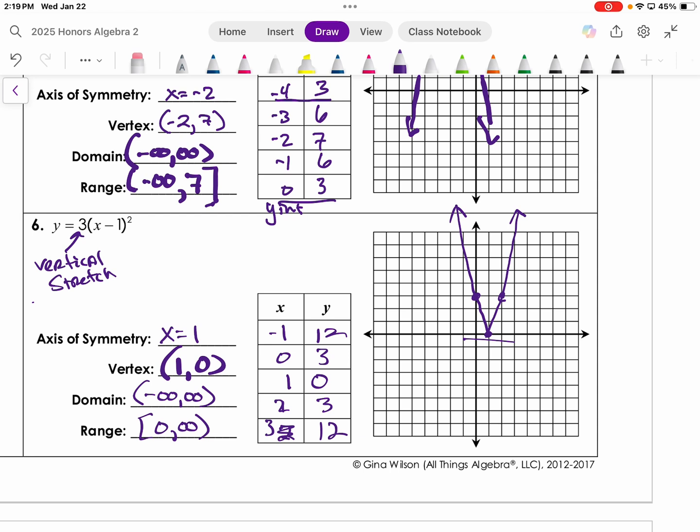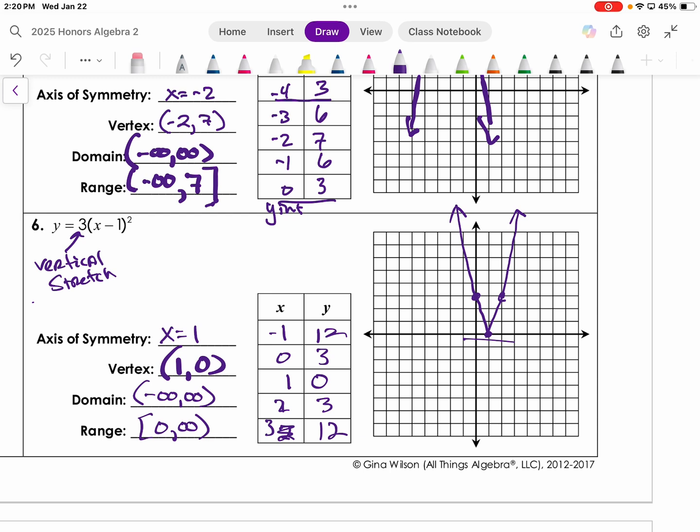When you have this U-shaped graph, whenever you find the vertex, the y value of the vertex is always involved with the range in some form or fashion. Since the y value of 0 is the lowest point, then it's got to be the number before the comma. On the previous one, the 7 was the highest y value. So that's why it ended up being the highest y value in the range.